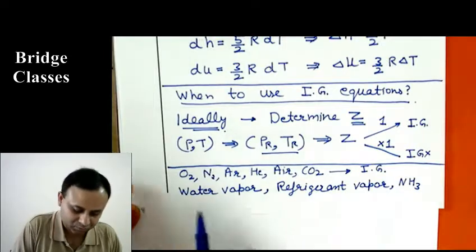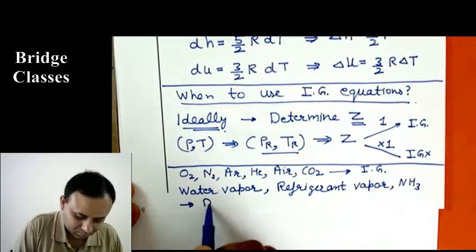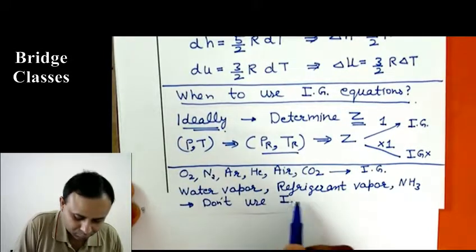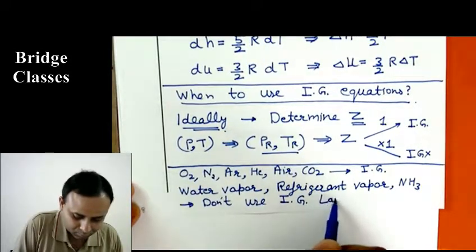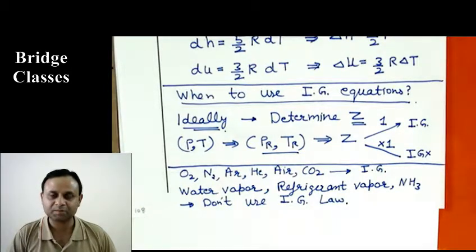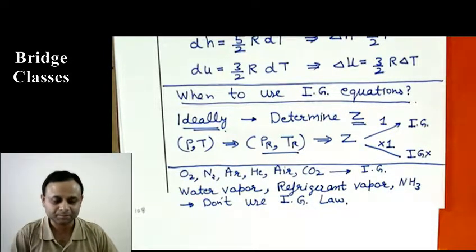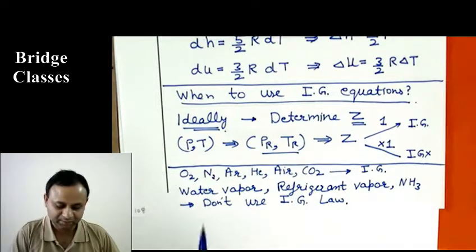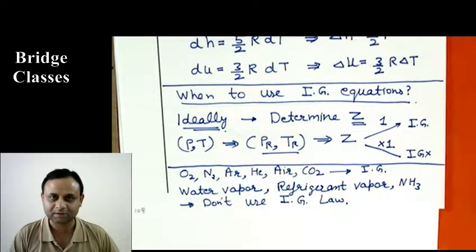So don't use ideal gas law. Read all the properties, pressure, volume, temperature, or internal energy, enthalpy, from the table. So this ideal gas law makes life very easy in terms of solving the problem, but we have to be very cautious while using this.